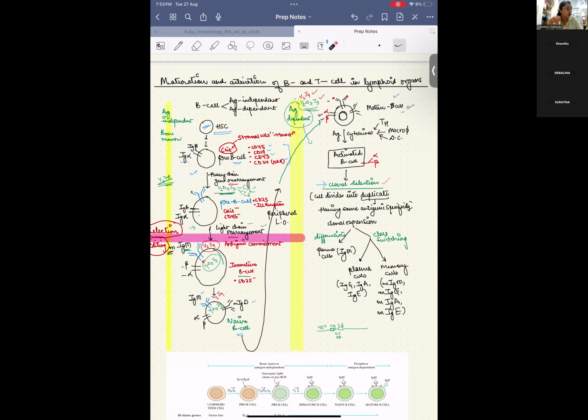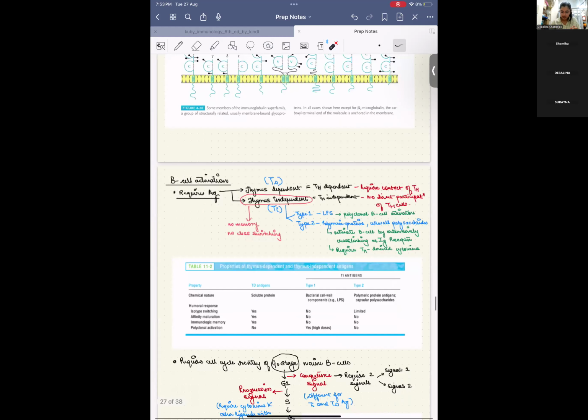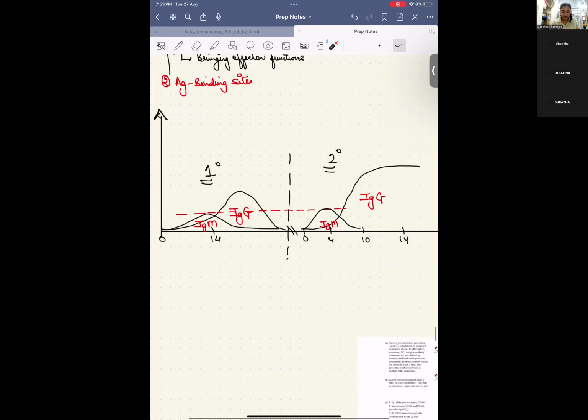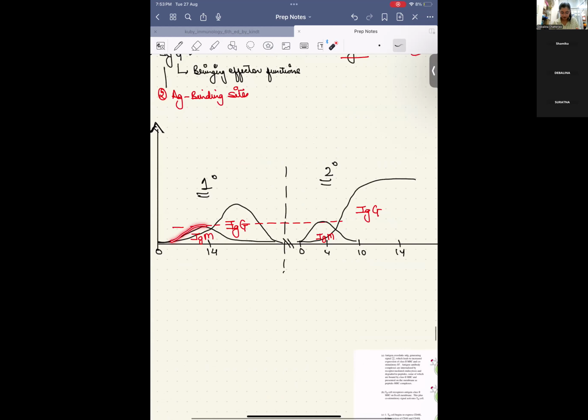So the first to come in picture is IgM, of course, because it is already stationed, decorated on a B cell, and whenever a plasma cell is formed, the first instinct of that cell, because it already has IgM, is that those are already stationed military. The first to come in picture is IgM, but the most effective function in clearing out antigens is of IgG. So that is what we discussed here, that whenever we have a primary response, we have IgM, right?